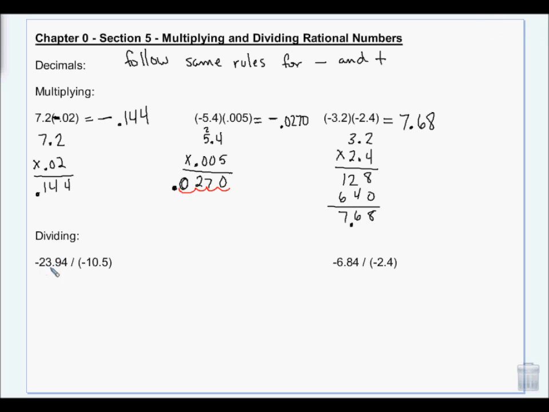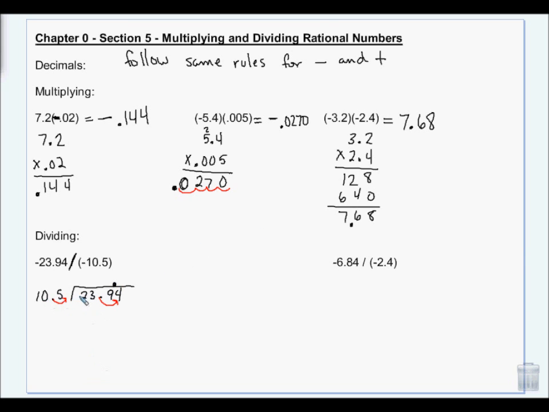Okay, dividing. Whenever you see this, that's 23.94 divided by 10.5. So the 10.5 goes on the outside. Okay, you cannot actually divide by decimals, so I have to move this over, which means I have to move that over, and bring it up.